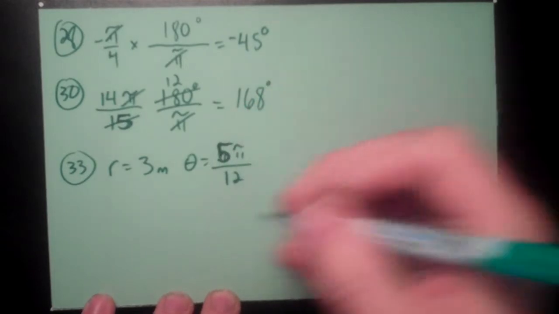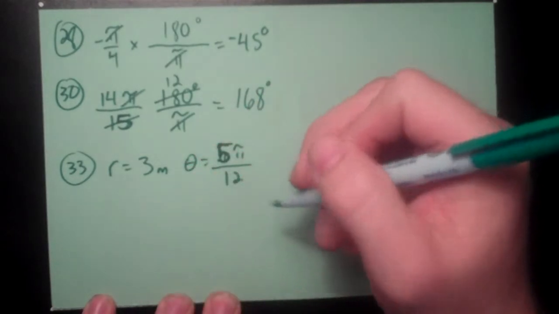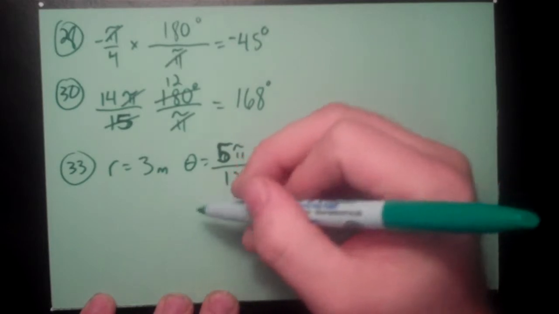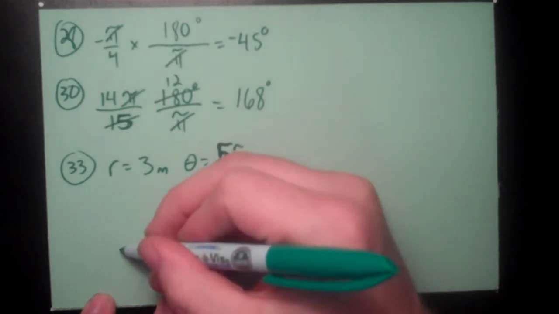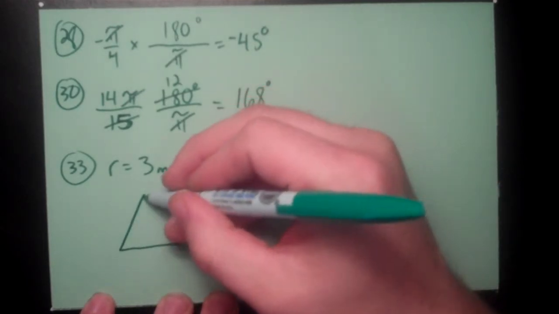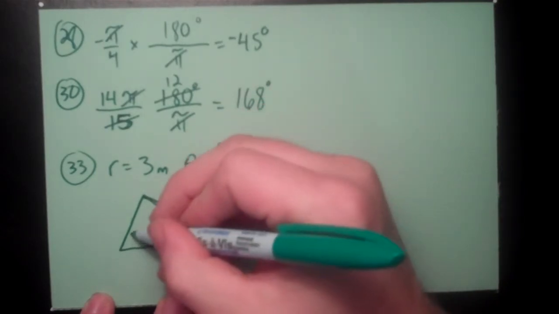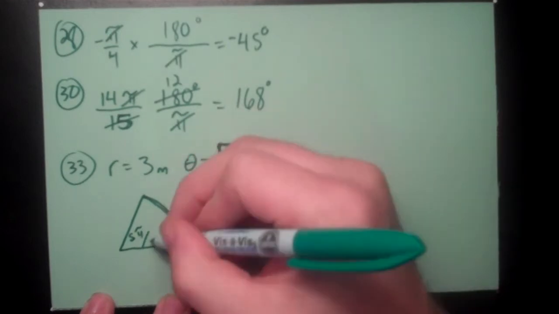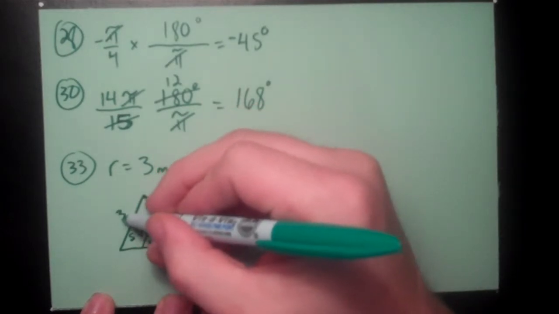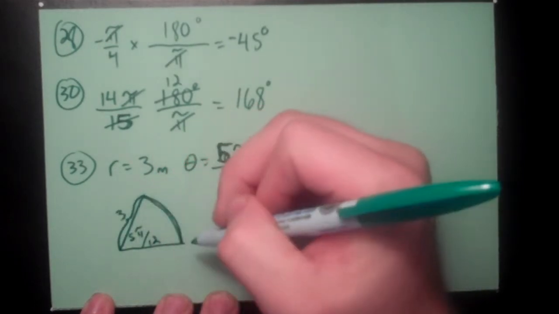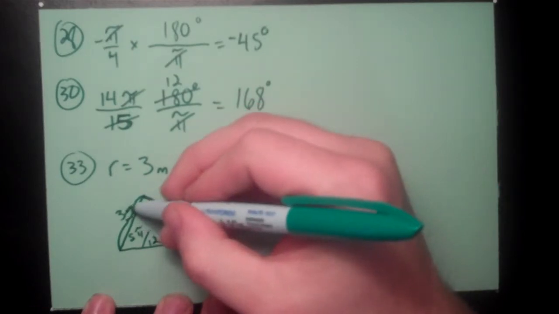So this is a piece of a circle. It's 5 pi over 12, so that's close to 90 degrees. Okay, so it's this piece of a pie right here. This is 5 pi over 12. And the radius of this thing is 3 meters.